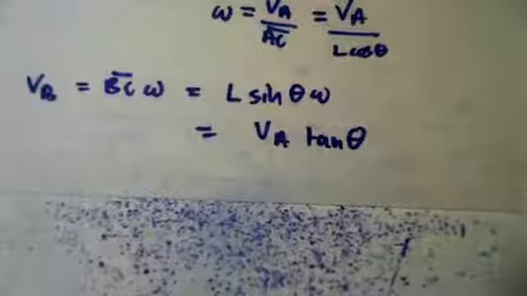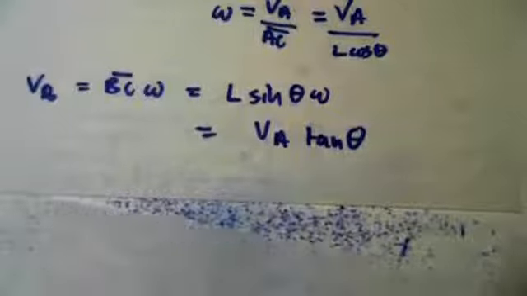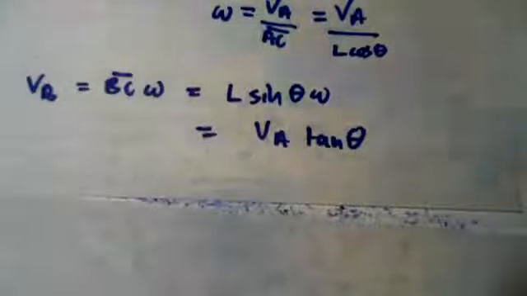Now, if we were to represent this question with an angle, say theta is equal to 30 degrees, and our length is, say, 5 meters, all we would have to do is substitute those values back into our algebraic expression.